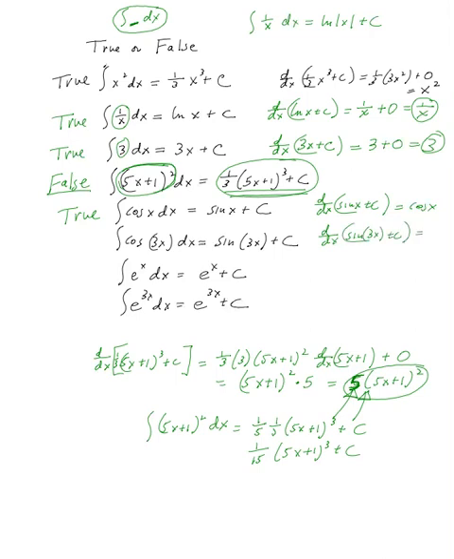Derivative of sine is cosine, but I've got to multiply by the derivative of 3x, and I get 3 cosine 3x, but I'm supposed to get cosine of 3x. What did I get? 3 cosine 3x. This is false.